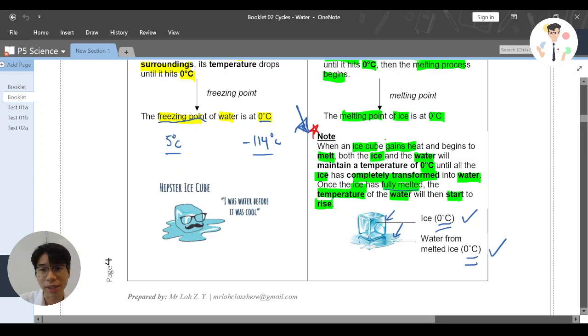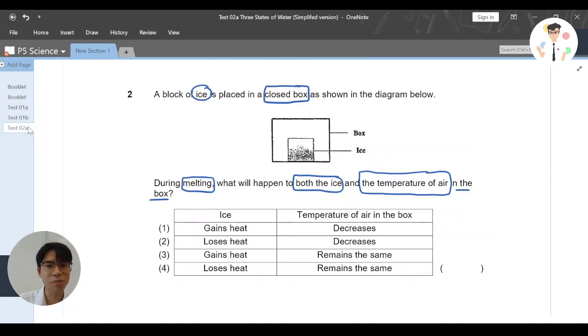Can you see the words here? Gains heat. But although it gains heat, the temperature of the ice and the water from the melted ice will still be 0 degrees Celsius. Again, it gains heat, but the temperature of the ice and the water from the melted ice will still be 0 degrees Celsius. But teacher, it gained heat, so why is it still 0 degrees Celsius? Because it's actually trying to break the particles.